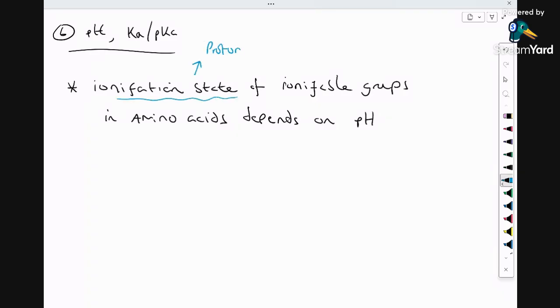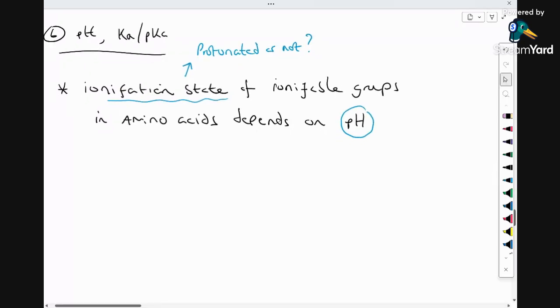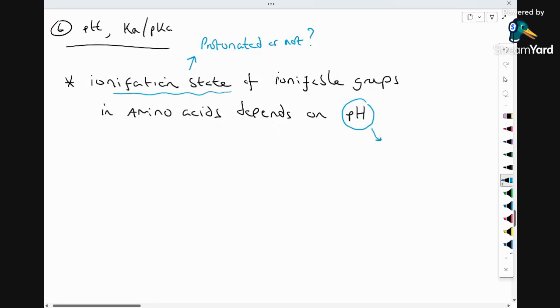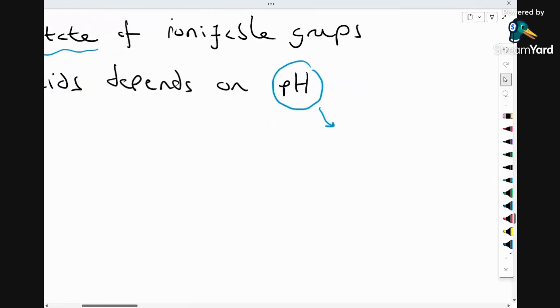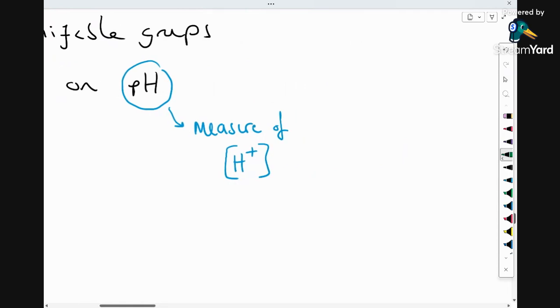Do we have a proton? So protonated or not. Whether we are protonated or not depends on pH. And I alluded to that earlier, because of course, pH is a measure of concentration of protons. And if you're interested, the equation for pH is taking the minus logarithm to the base 10 of your concentration of protons.